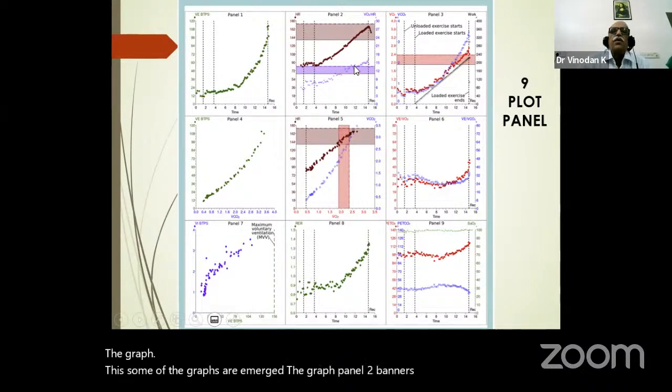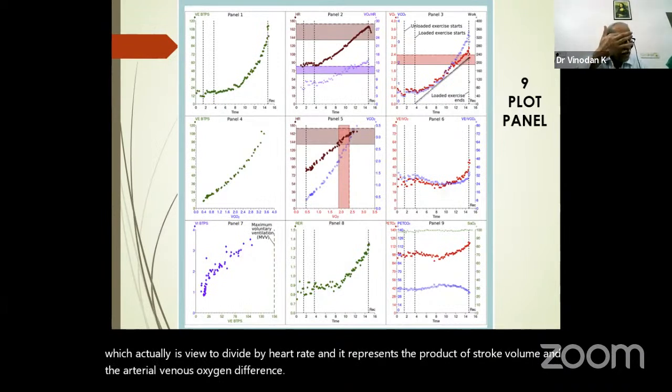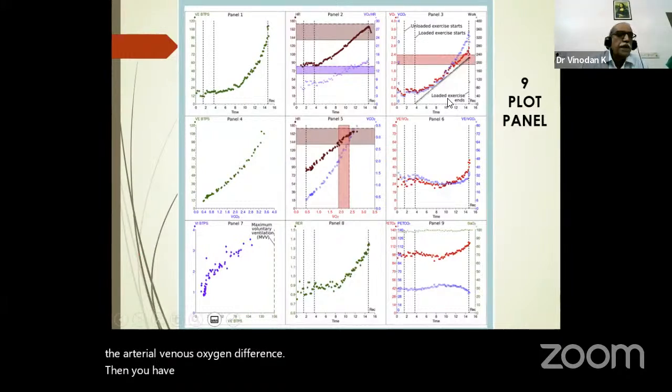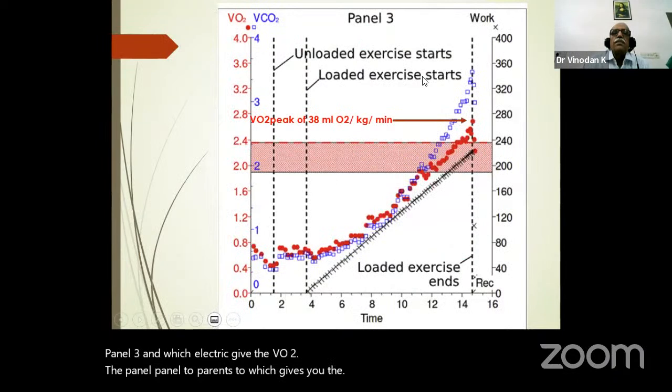Panel 2 will give you oxygen pulse, which is VO2 divided by heart rate, and it represents the product of stroke volume and the arterial venous oxygen difference. Then you have panel 3, which will give you the VO2.